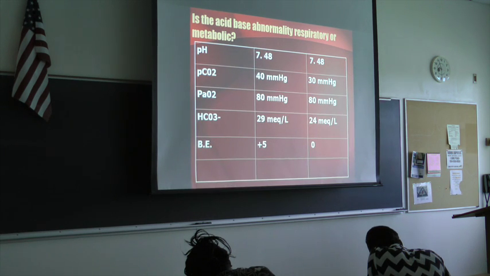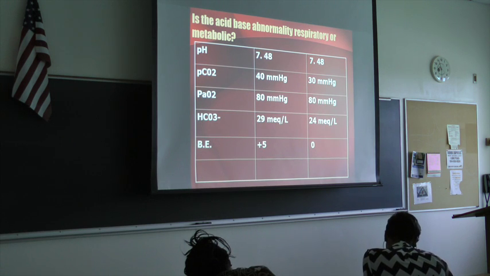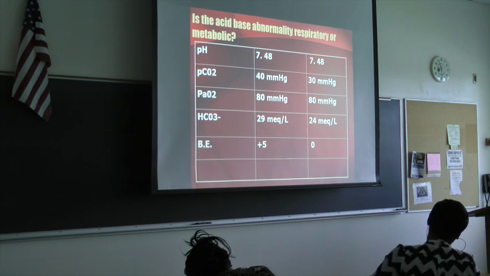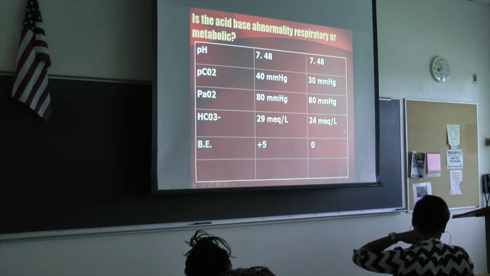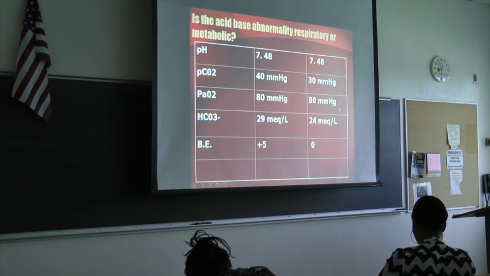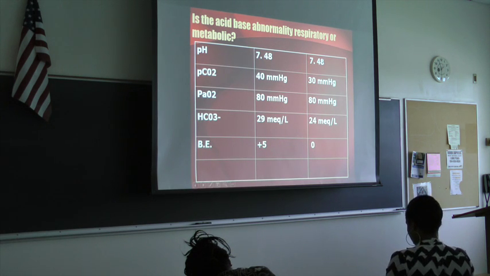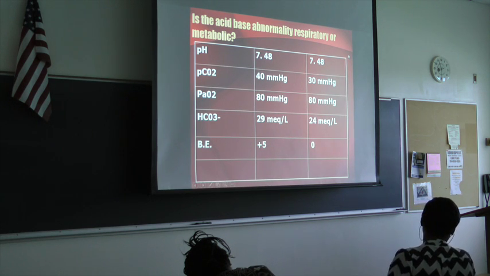Right, 30 is below the normal range of CO2. When you have lower than normal level of CO2, that's alkalosis. And bicarbonate is in range. So we have the low CO2 causing the pH to be alkalotic. So we would call this respiratory alkalosis.